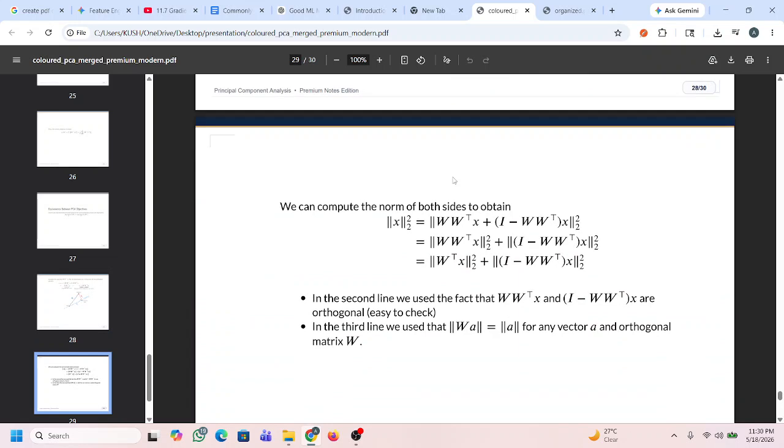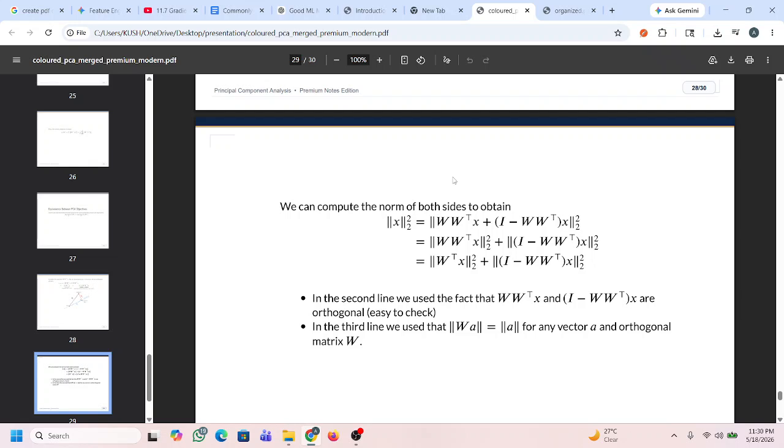d3 remains constant. So what I can write from here is the L2 norm of x is equal to W transpose x plus (I minus W transpose) x. Now I can take it individually: the norm of W transpose x squared plus the norm of (I minus W transpose) x squared. Now for W transpose x, what will happen?